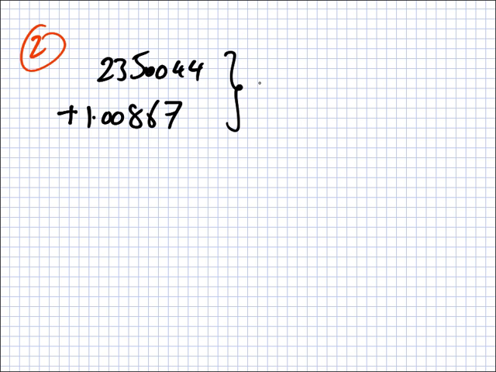Right, so what have we got going on here? We have uranium 235. How much is that? 235.044 plus a neutron 1.00867. That becomes barium 138.909 plus krypton 93.9344 plus 3 neutrons.